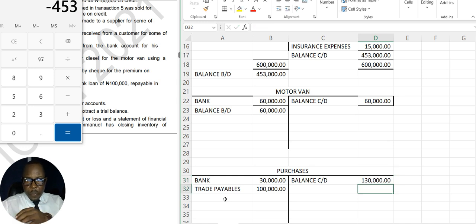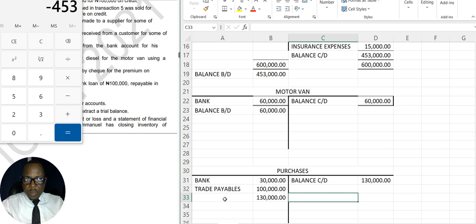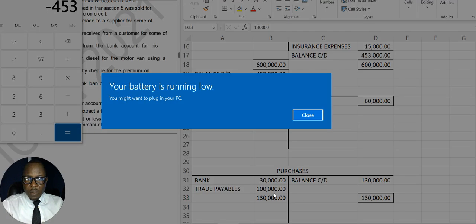Pull it down to this. So you now come here, write the total here. 130,123. That's the total. Then you put the same amount here. Then you come here and put your underline.